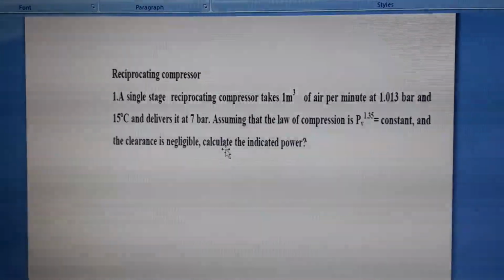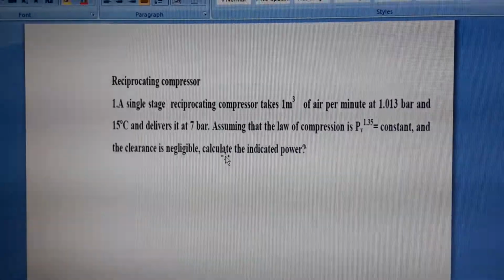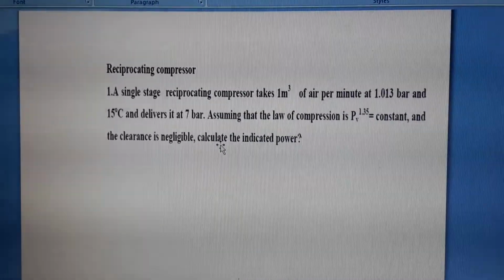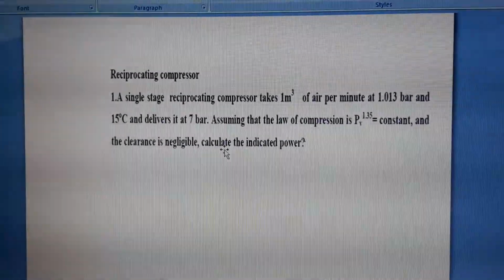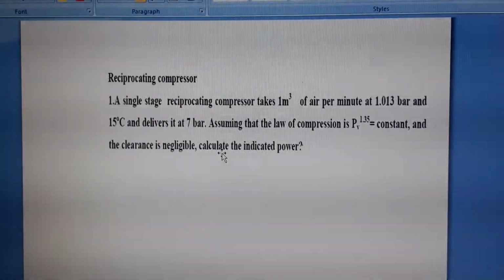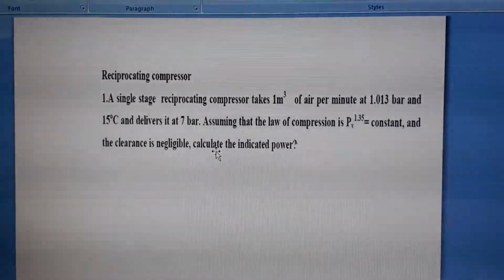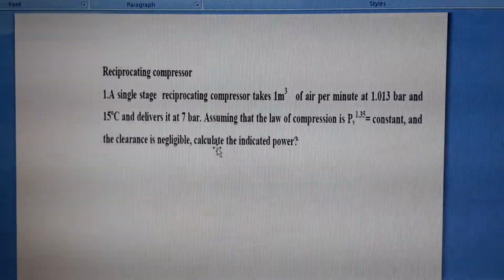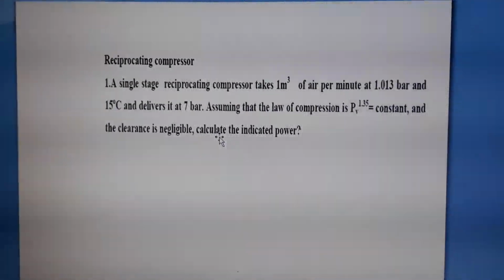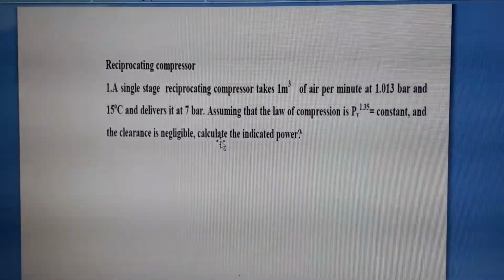We have polytropic compression, adiabatic compression, isothermal compression, and according to that compression the basic relation is PV is equal to C, that is for isothermal compression, PV raised to N is equal to C, that is for polytropic compression, and PV raised to gamma is equal to C, that is for adiabatic compression.